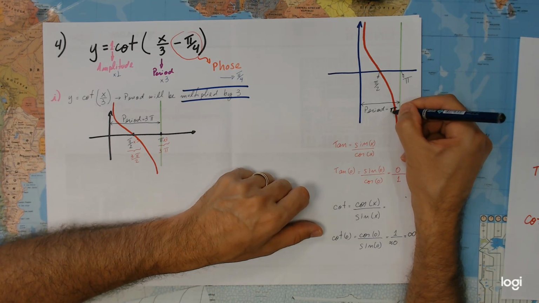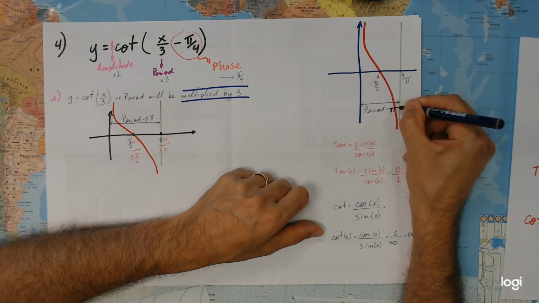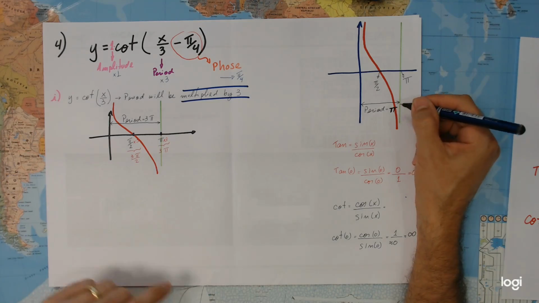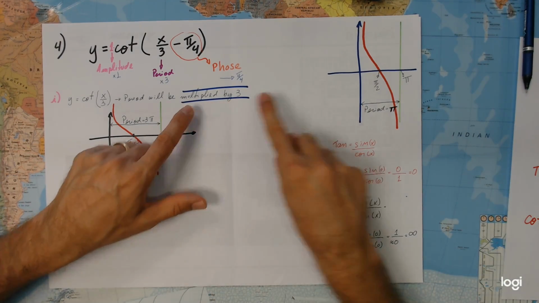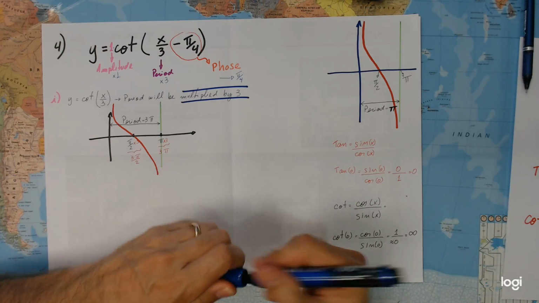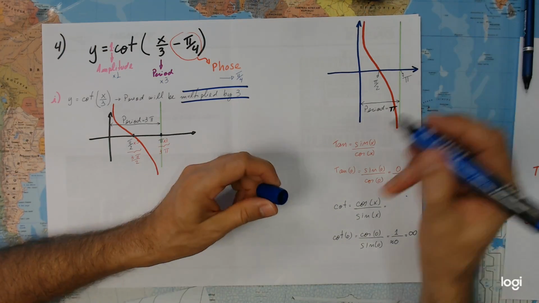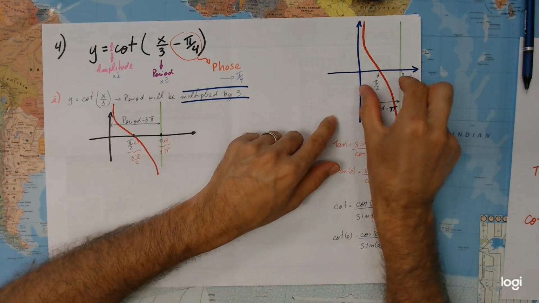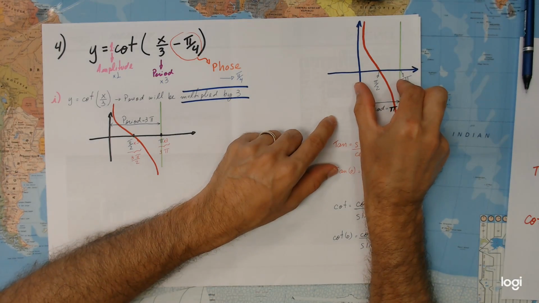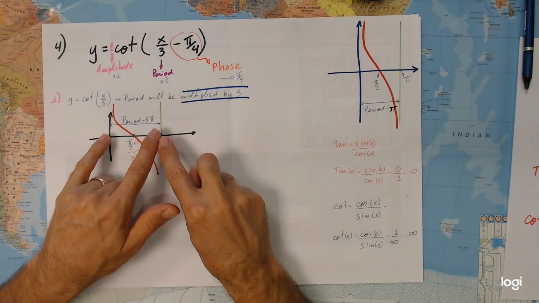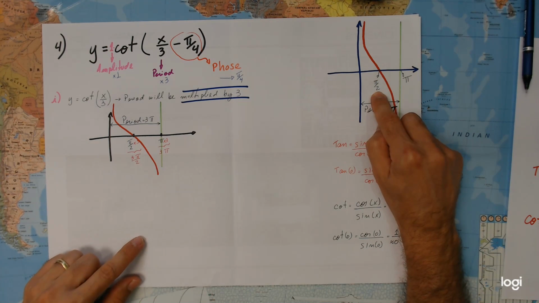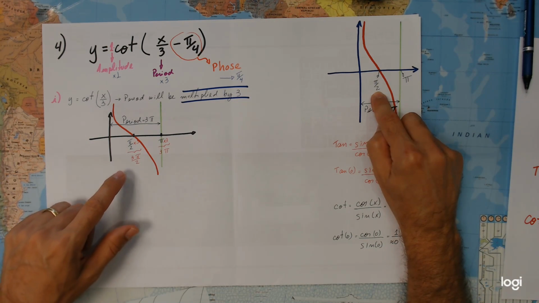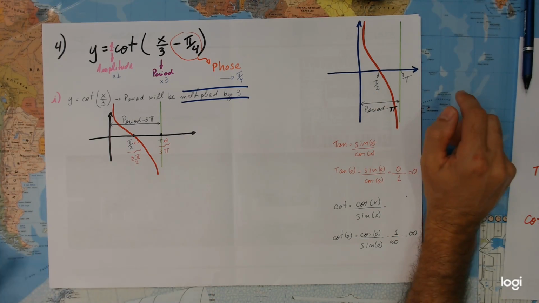Remember? The period was pi, now it's 3 pi. Of course it is. We are multiplying everything on the x-axis by 3, right? If you used to have pi, this width, now it must be the triple, 3 pi. If this middle was supposed to be pi over 2, now it is going to be 3 pi over 2. Everything is a triple.